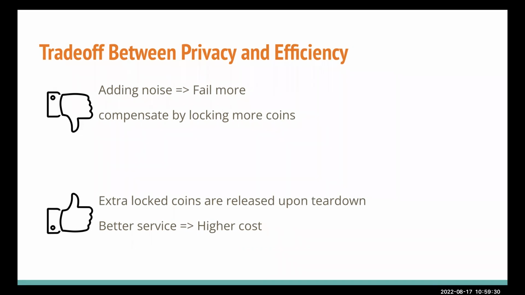I will give here some kind of economic argument. Let's assume that the relay doesn't need to pay for all these extra locked coins. Why? Because he can take a loan from the bank for these extra locked coins, and then when the channel is destroyed, he will get all these locked coins back.